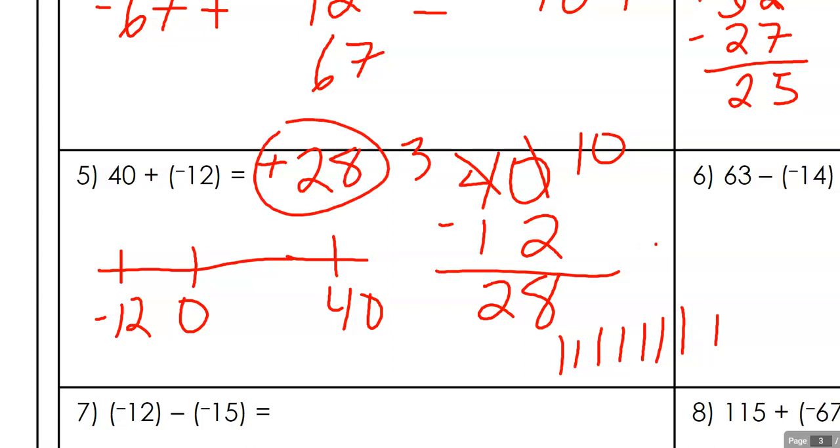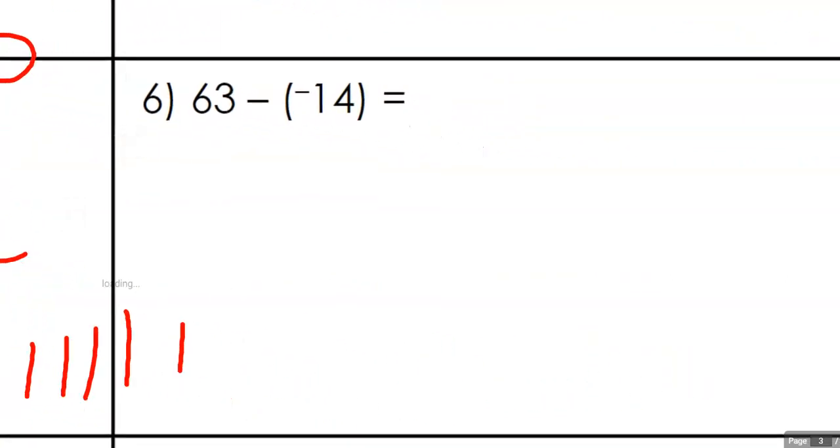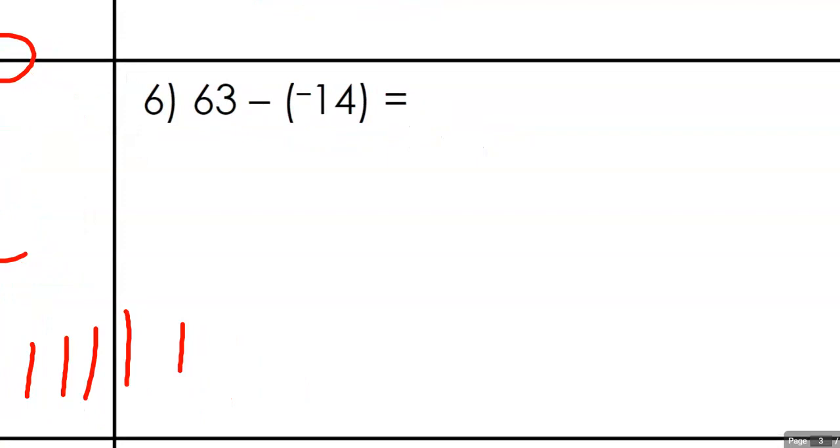All right, let's look at one like number 6. When you have minus a negative, that is the same as saying plus a positive. So this is 63 plus a positive here. All you're doing is adding these two numbers together.